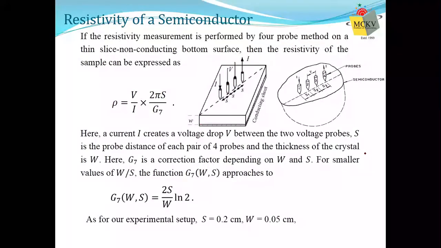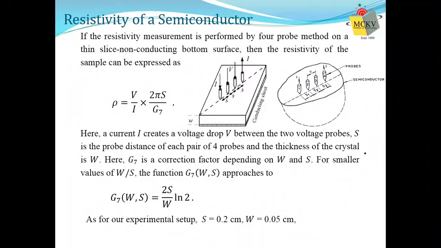Since the apparatus remains the same, the spacing between 2 consecutive probes remains the same, and we are not changing the material because we need to determine the band gap of that semiconductor. So the semiconductor remains fixed, so the width of the semiconductor remains fixed. These 2 are predefined to us, and we know those values.